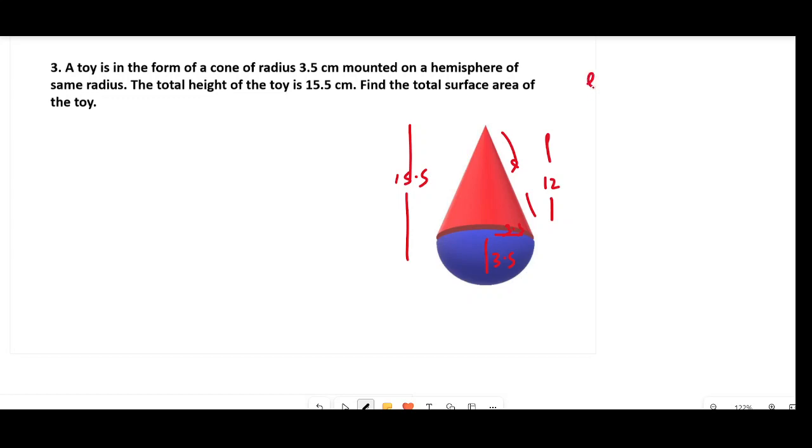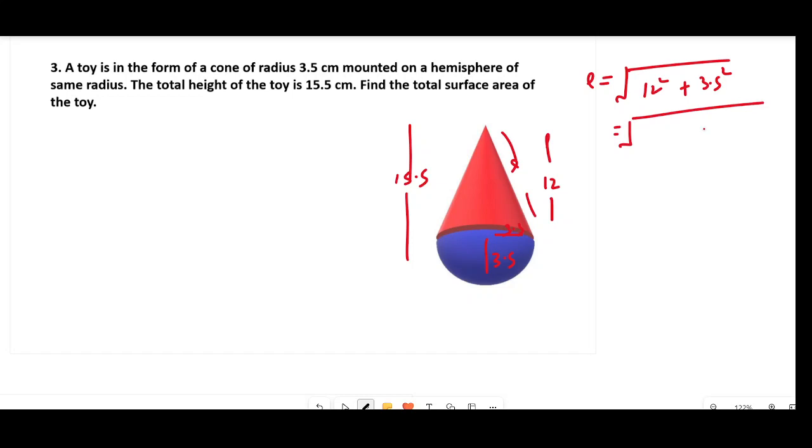What is the value of L? L will be the square root of 12 square plus 3.5 square.